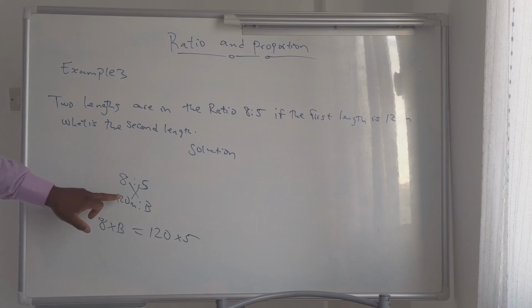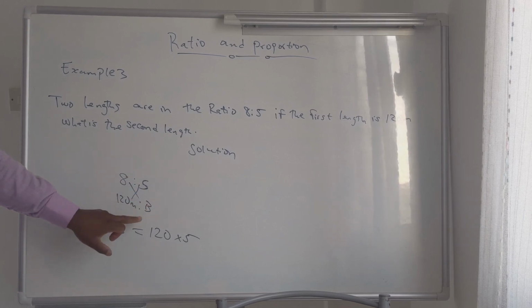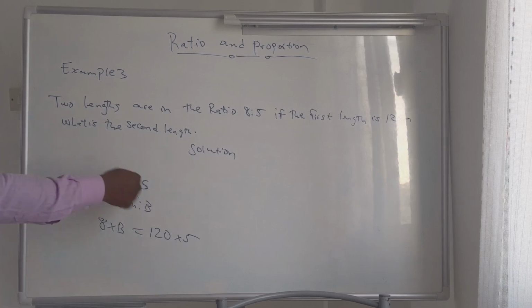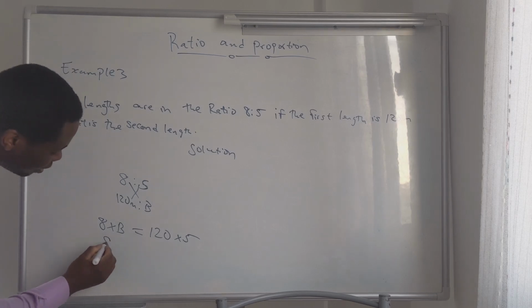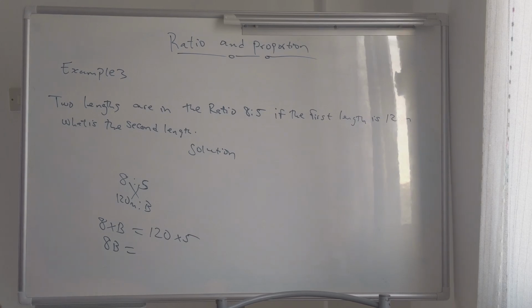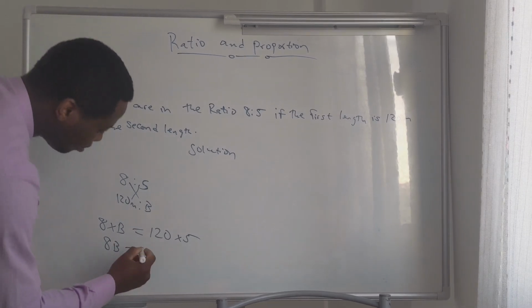So what we just did is 8 ratio 5, 120 meters ratio the unknown length that we're trying to look for. So we cross multiply. Now this will be 8B is equals to 120 multiplied by 5, that's 600.